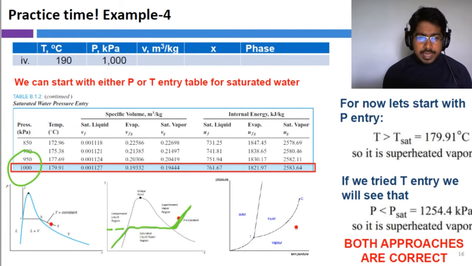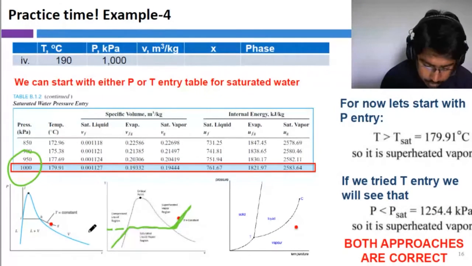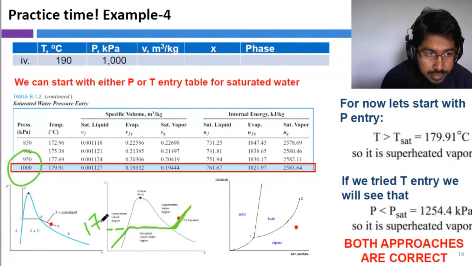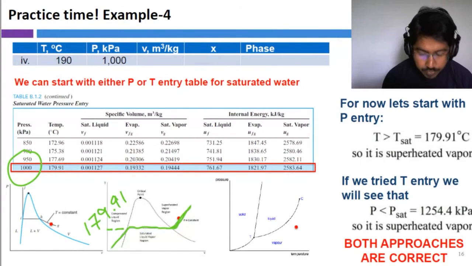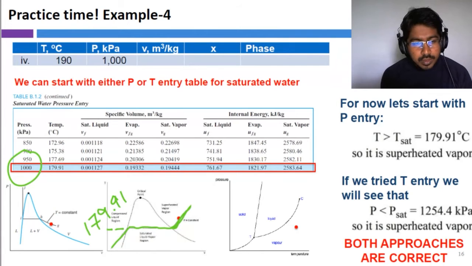So the idea is we are looking at the 1000 kilopascals constant pressure line, right? In the saturated region or two-phase region, no matter what we have in the question, it doesn't matter, right? So it's a state. In the saturated region, we should have the saturated temperature and saturated pressure. So for a fact, we know that this reading is going to be 179.91. Right? Are we clear on that regard?